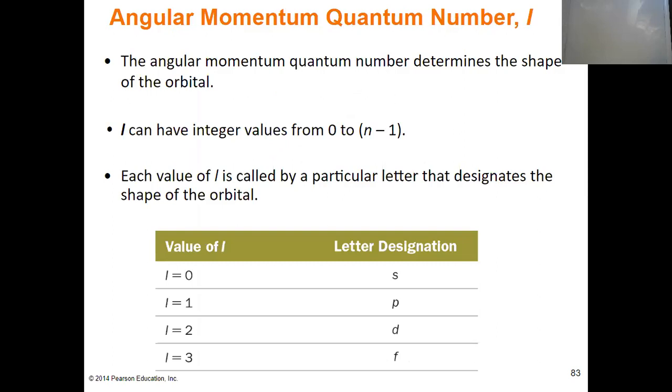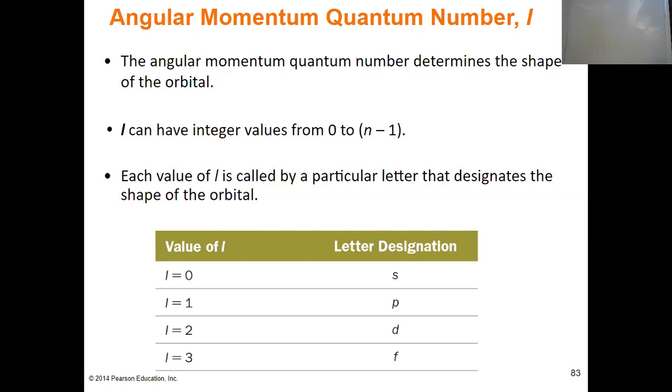The second quantum number is the angular momentum quantum number. This is also going to designate the sublevel or the subshell of your orbital, and it determines the shape that your orbital takes. L is responsible for the shape that the orbital takes.